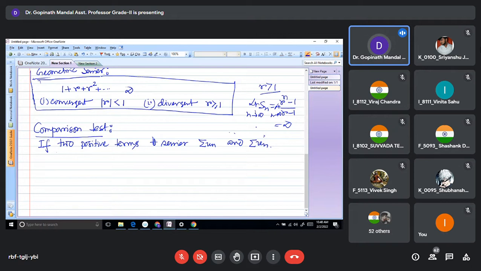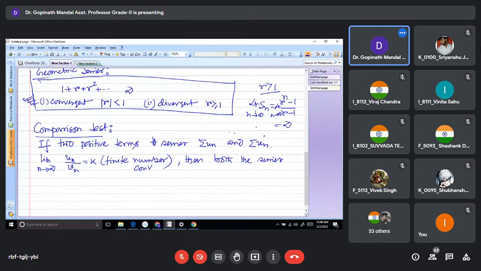Then if the limit as n tends to infinity of un by vn is equal to k, where k means a finite number, then both the series converge or diverge together. For the geometric series, I will also upload the proof.